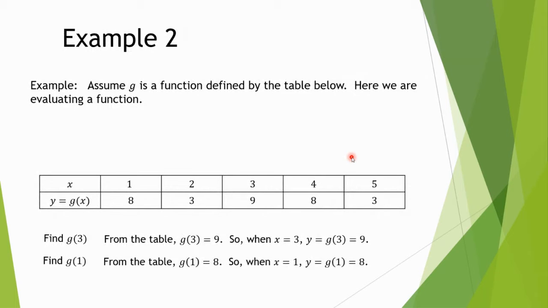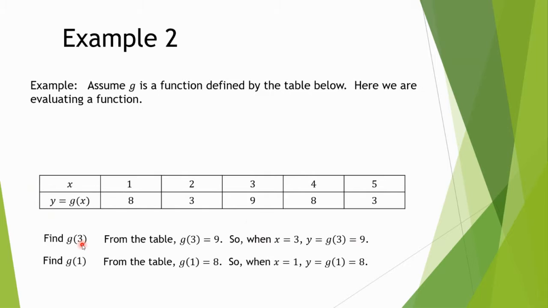All right. Here's another example. Let's suppose g, so now the function is denoted by g. Let's suppose it's a function and we're defining it by this table. So this table is telling you what the function does. Okay? Let's say we wanted to know what g of 3 is.